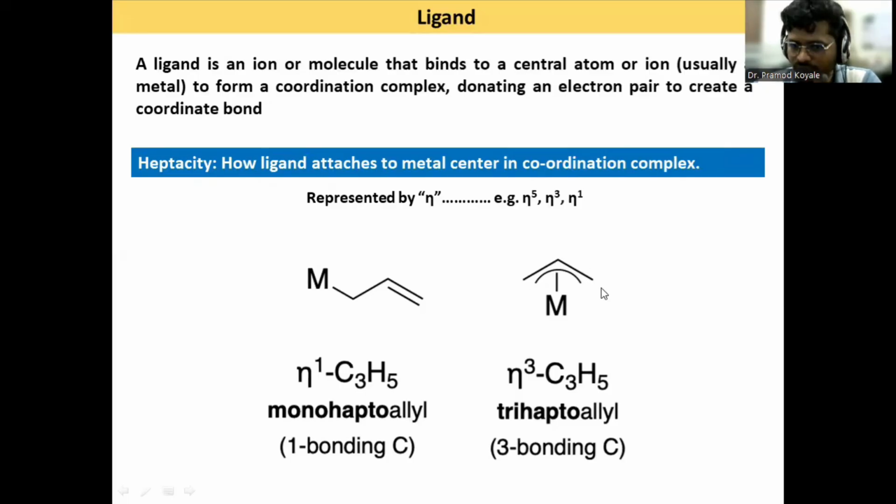If you have a number of sites attached with the central metal, then it is polyhaptic. If it is only two, then it is bihaptate or dihaptate. With three sites attached with the central metal center, it is trihapto, and so on.